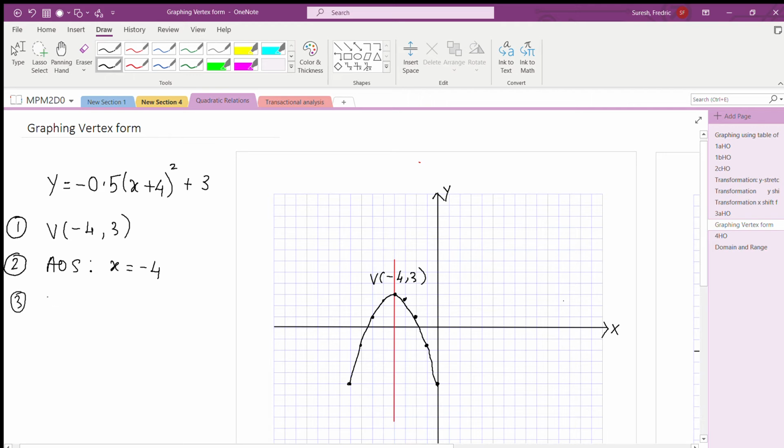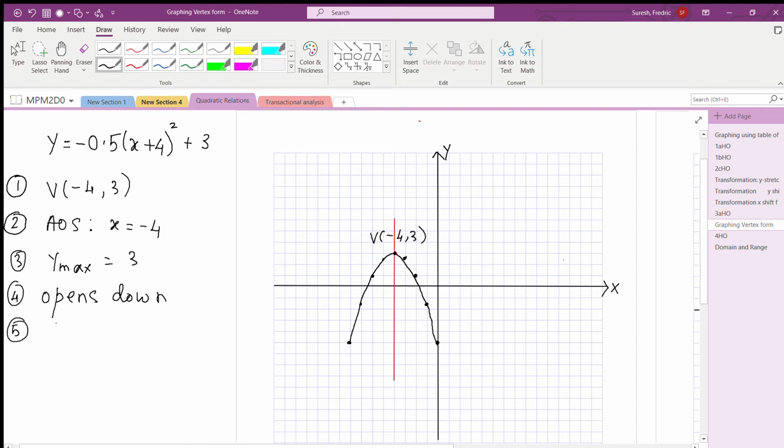So we have a y max value, and that is equal to 3. And we know that the parabola opens down.